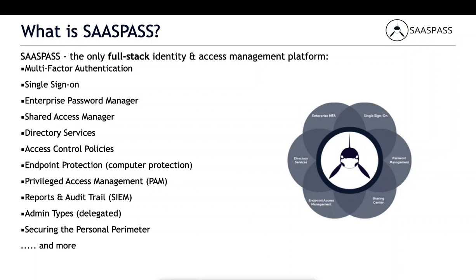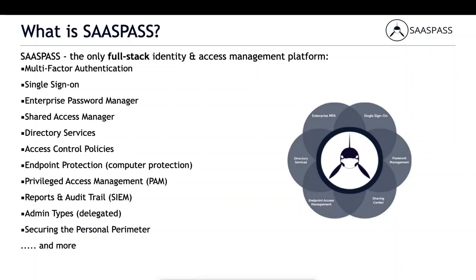Normally in this case, in the classical way, you share the password between those users. So who logged in from where, it's difficult or impossible for you to audit that. But with the SAASPASS Shared Access Manager, instead of sharing the password, you share the access to those applications and systems among a specific group of users or different employees.